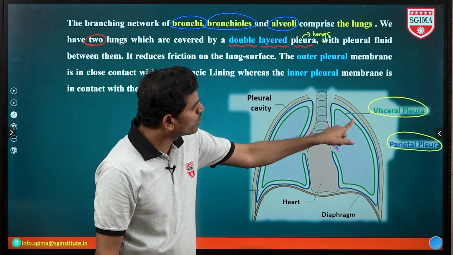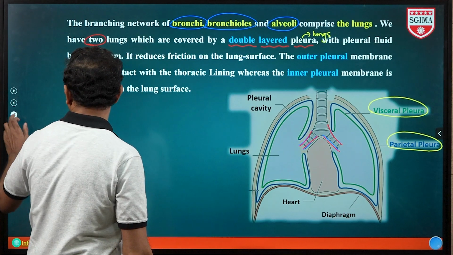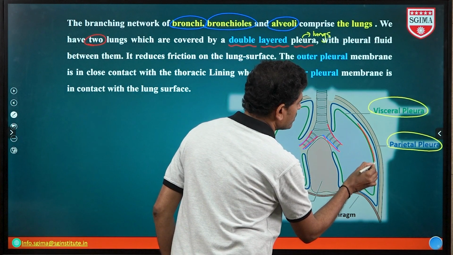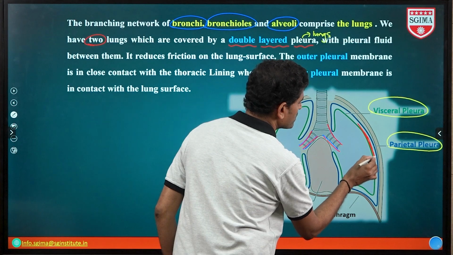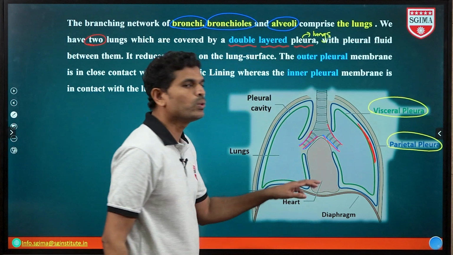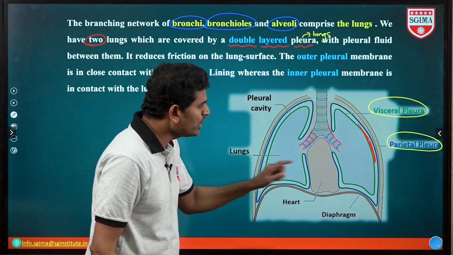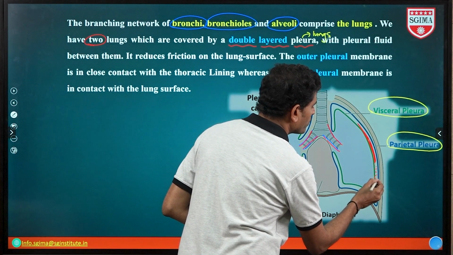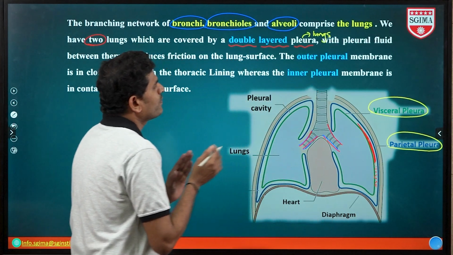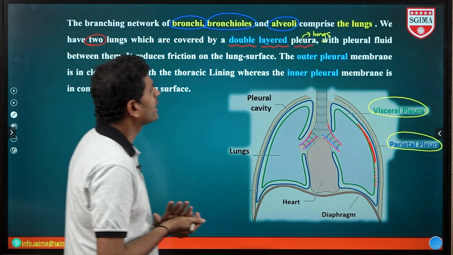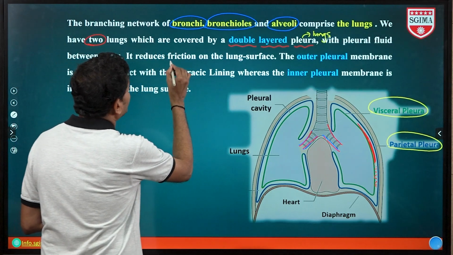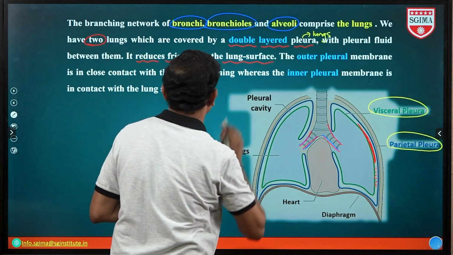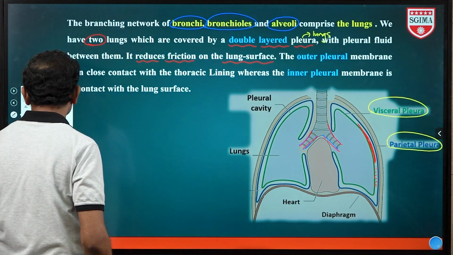In between these two layers, the cavity which is present is called the pleural cavity. The cavity is filled with liquid, which is called the pleural fluid. So what is the function of the pleural fluid? Briefly, this fluid reduces the friction on the lung surface. Not only this, it is useful for a few things.